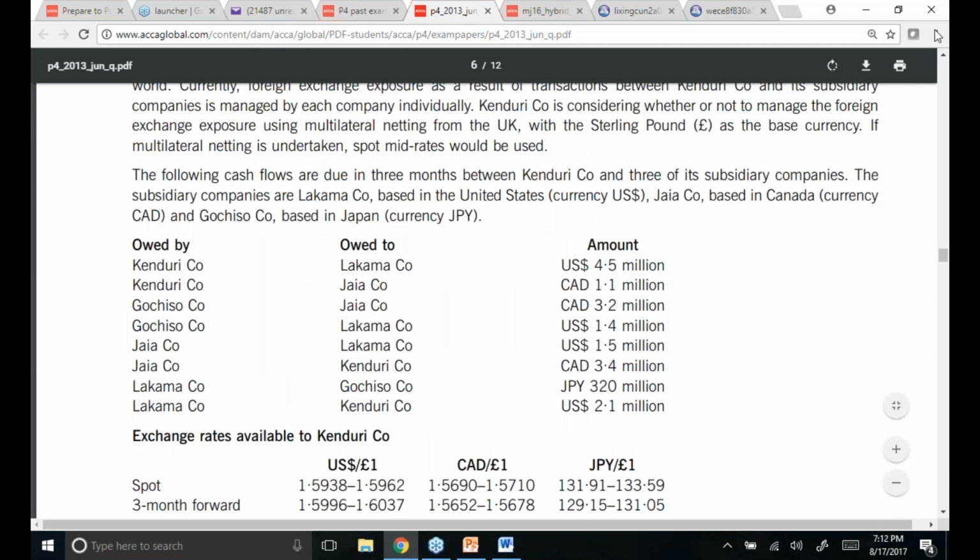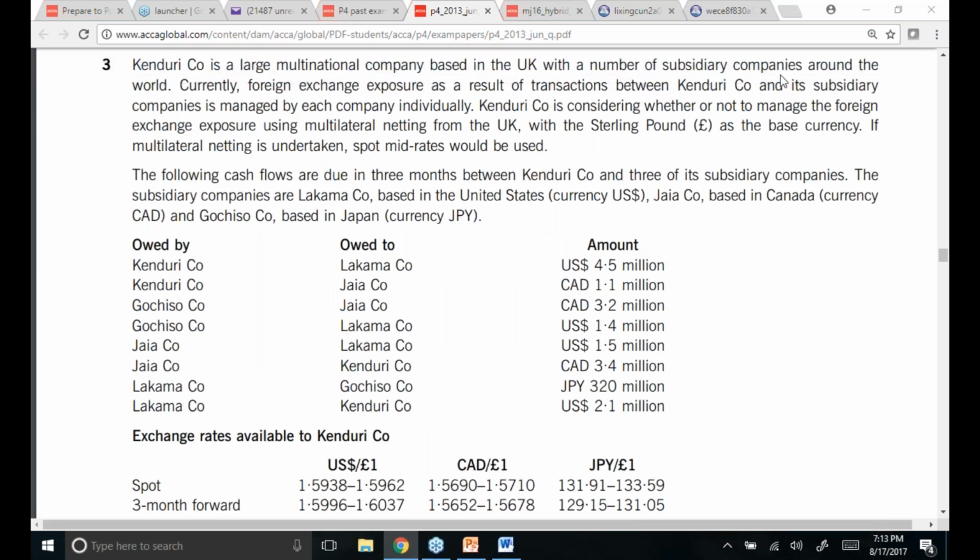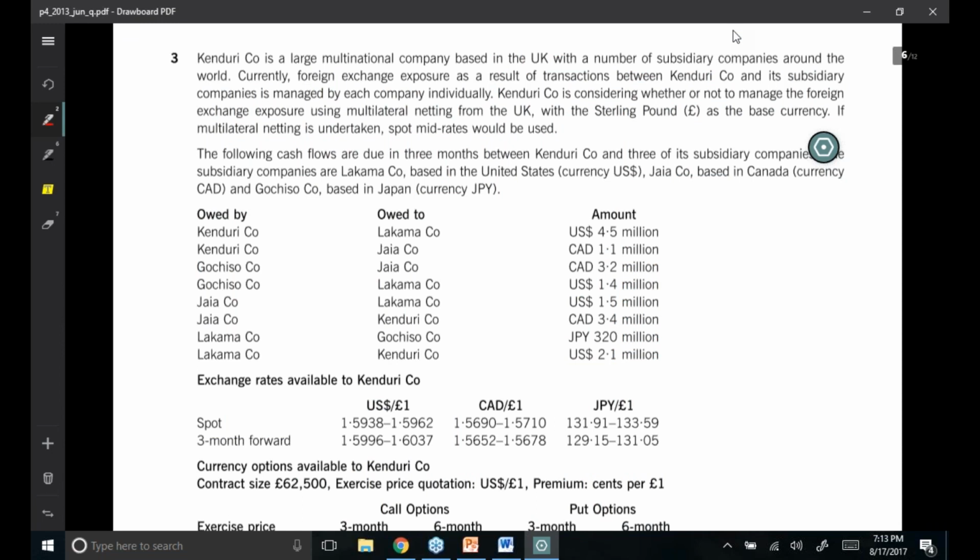Quickly read this part. It's a large multinational company based in UK with a number of subsidiary companies around the world.